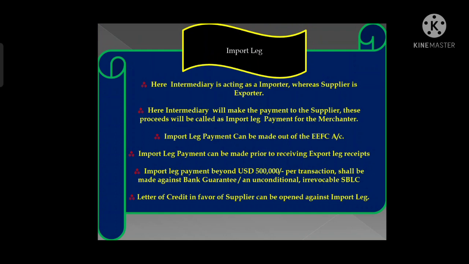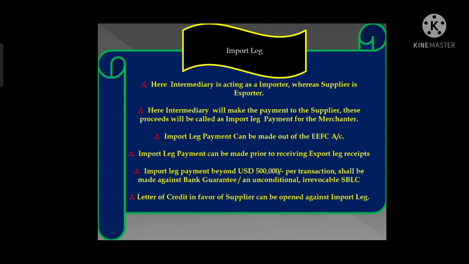So import payment can be made in advance before receiving the export leg, up to the amount of USD 5 lakh without any guarantee or LC. But beyond that limit, a bank guarantee or an SBLC is required.